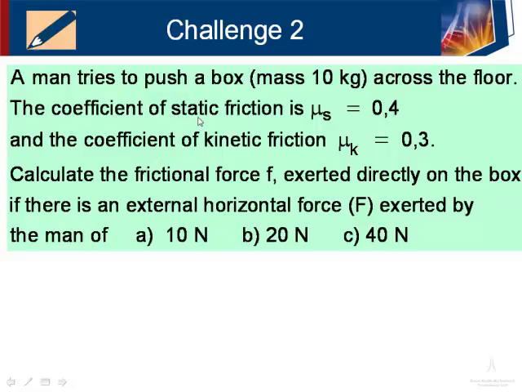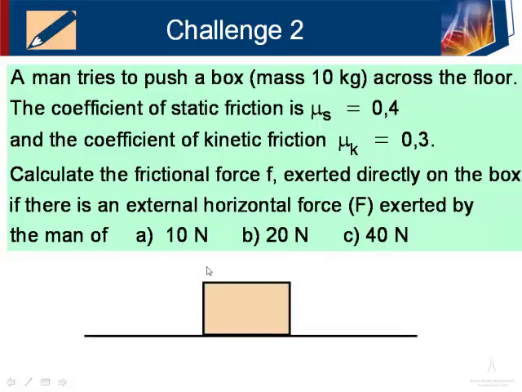Remember, this is static friction when there's no movement and kinetic friction when there's movement. Now we need to calculate the frictional force F exerted directly on the box if there's an external horizontal force F exerted by the man of 10 newtons, 20 newtons, and then 40 newtons.